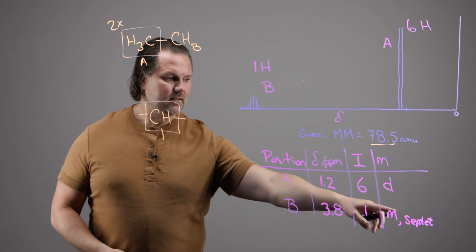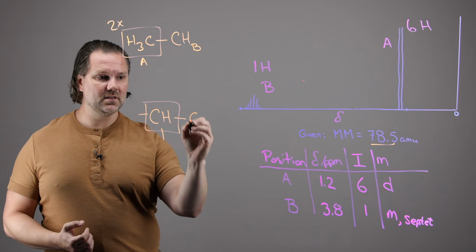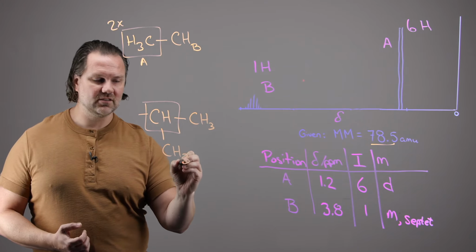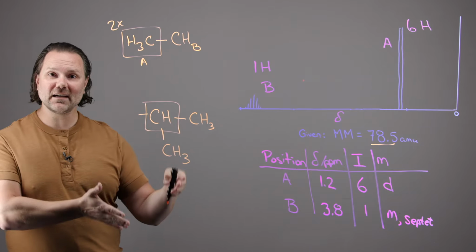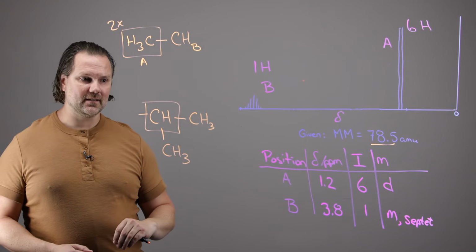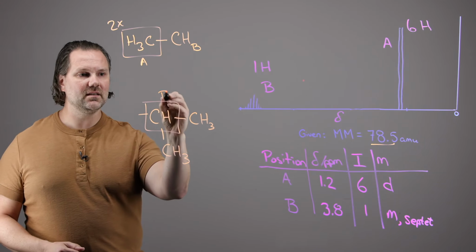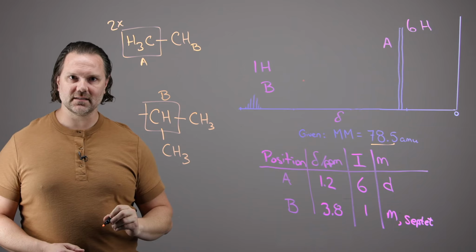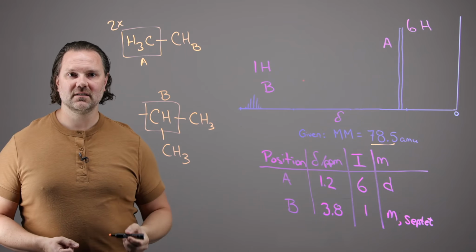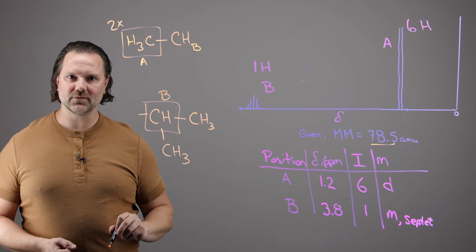If it's a septet, that is 6 neighbors, which would be a CH3 group and another CH3 group, and that matches our expectation of 6 protons in signal A. So we now understand why signal B has been split into a septet, because it has 6 neighbors, which are signal A. But there's one more bond left.